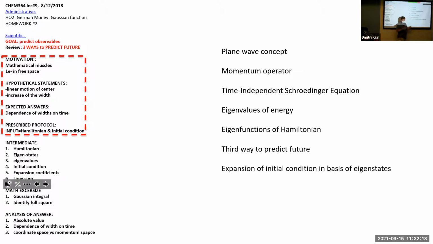We need to plug in all the bells and whistles to give the right answer. And then our expansion coefficient, the C sub k, should match the bell shape of the Gaussian. And then we will combine everything and analyze the answer.